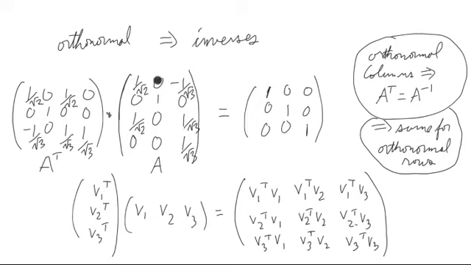So if the columns are orthonormal, then what does that mean? The columns are orthonormal, then that means that we have that the transpose right here is an inverse. Okay, and in this particular case, we have it being a left inverse.